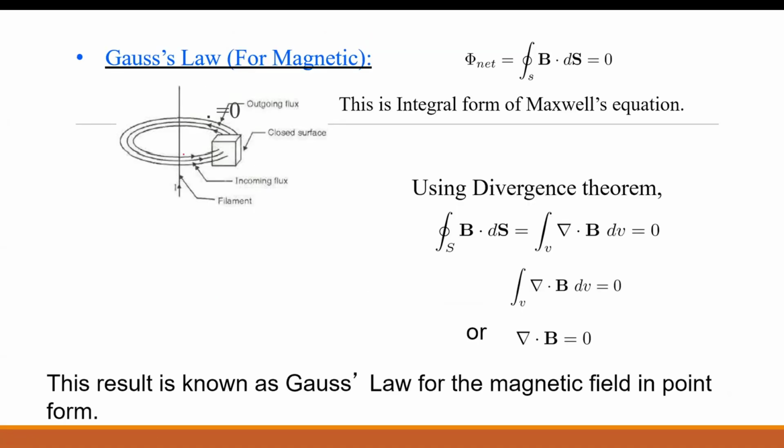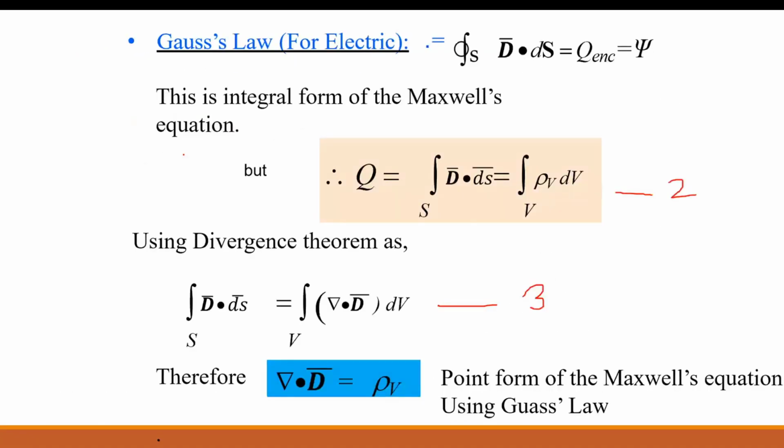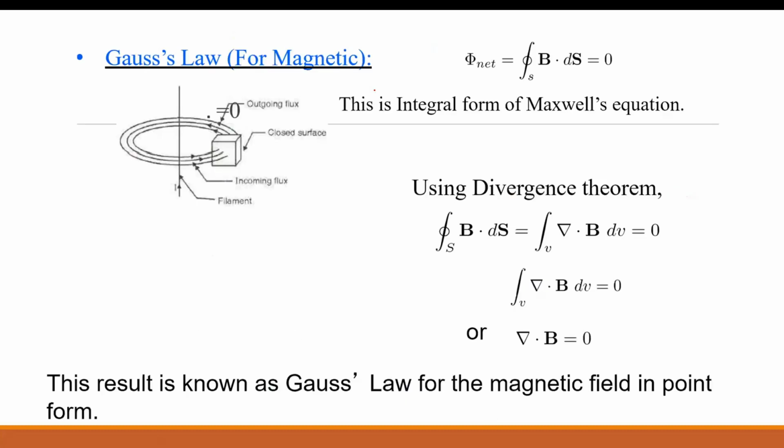So these are the next two equations from Gauss law. Now there is one more law, Gauss law for the magnetic field also, because in a magnetic field there is also flux present, and that flux we call phi. Total phi, net phi, is equal to closed integration of B bar dot dS bar, which is equal to 0.